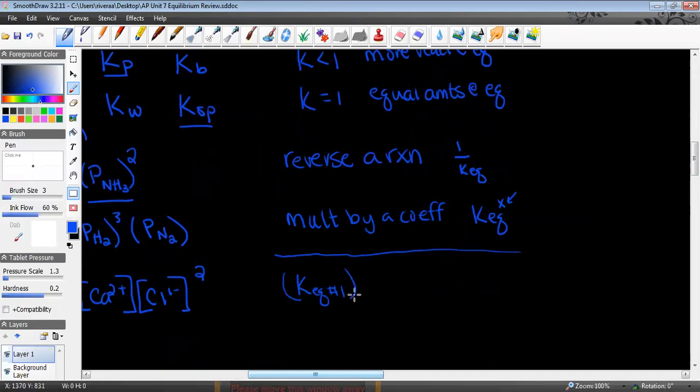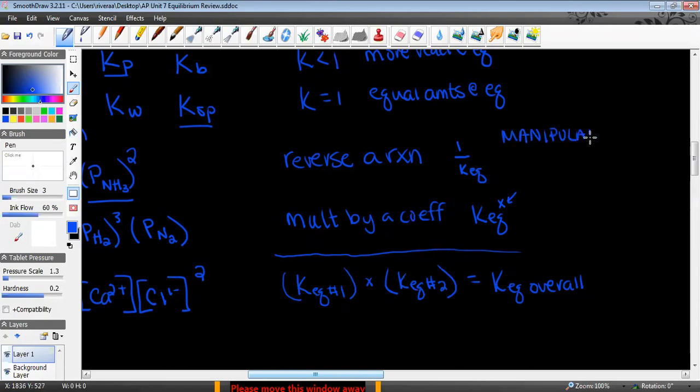You would do Keq number 1 times Keq number 2 to get the Keq overall. You multiply them. So your Hess's law manipulations are different than they would be for delta H manipulations.